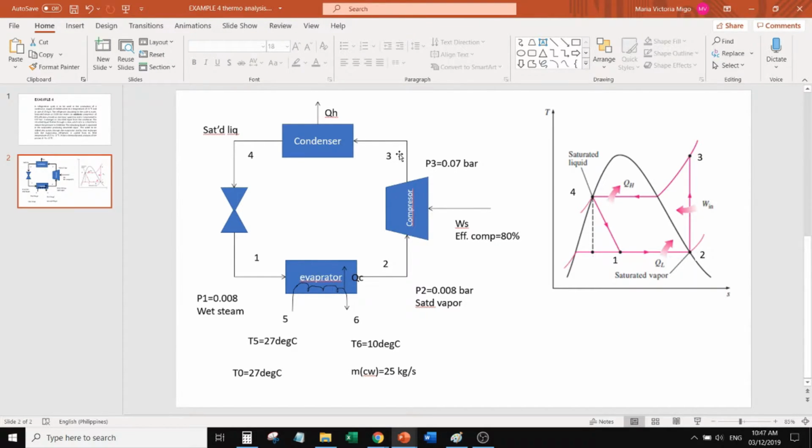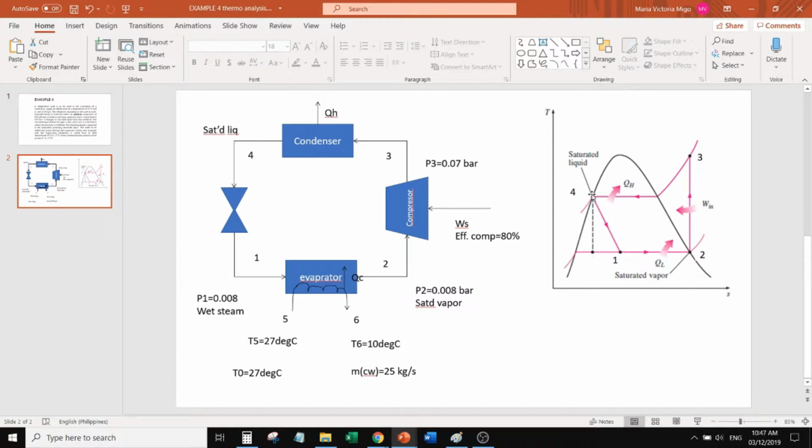And at the exit, it exits as superheated steam. And then this part here is the condenser. It enters the condenser, and as it exits, it becomes saturated liquid.